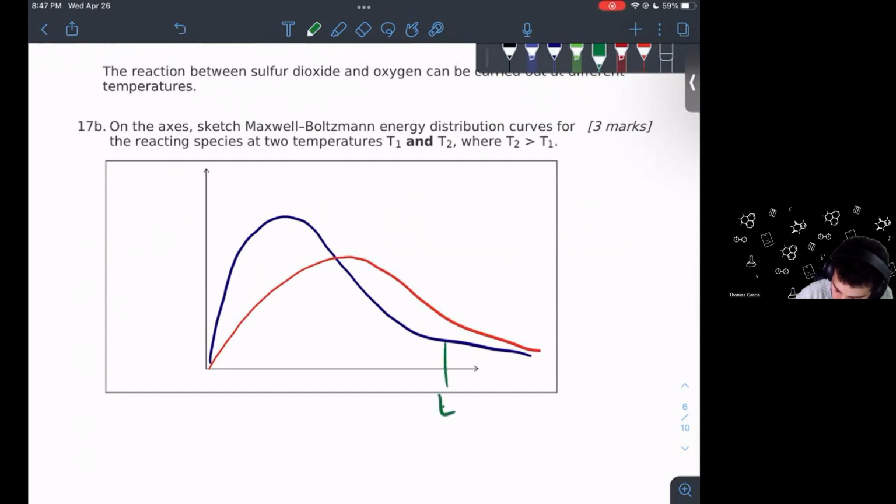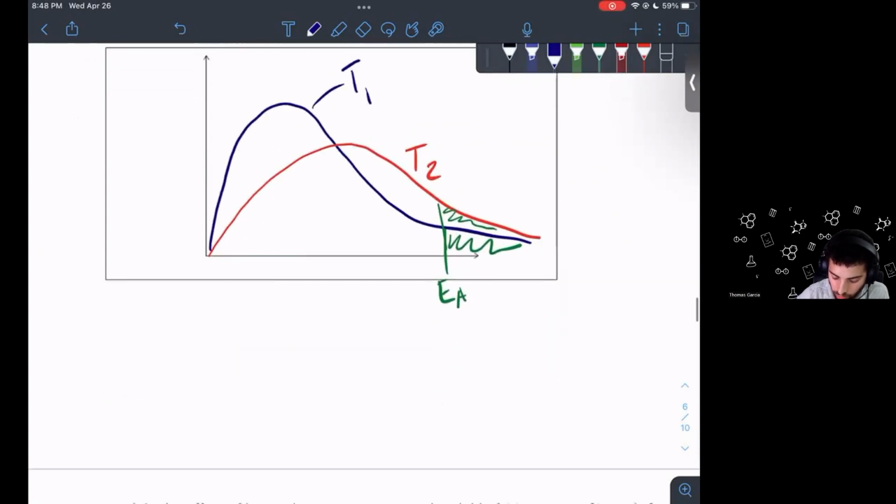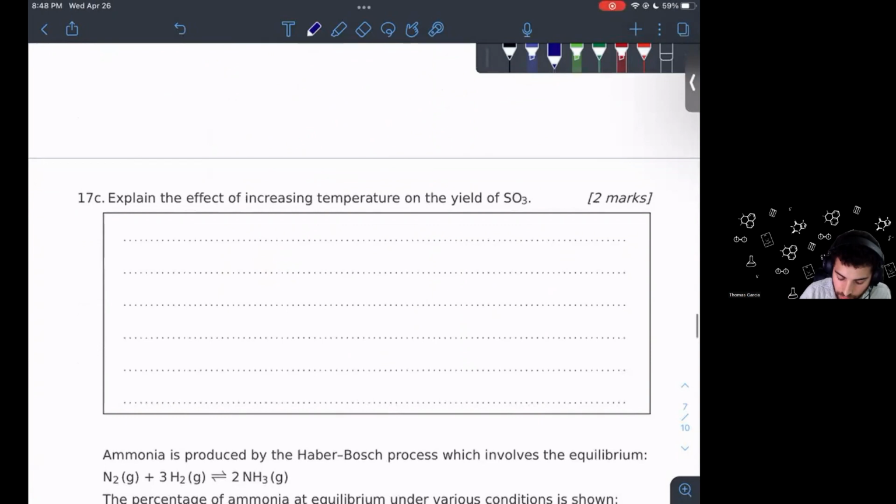I'm going to throw an EA for both of these, and I'm going to label this my T2 and this my T1. All right, there's my Maxwell-Boltzmann distribution.